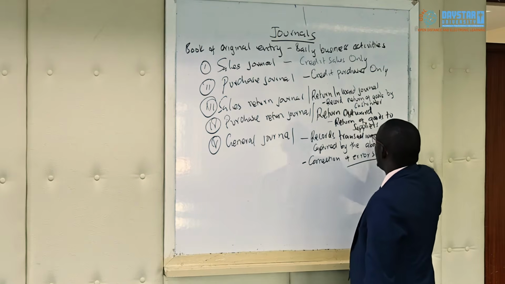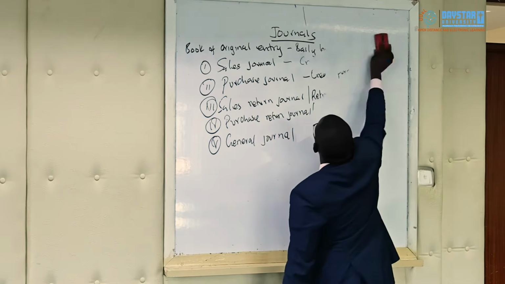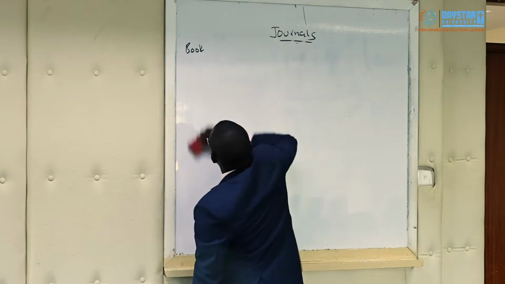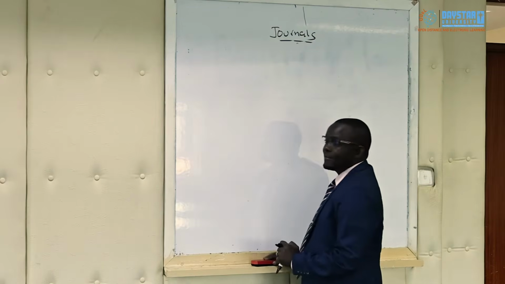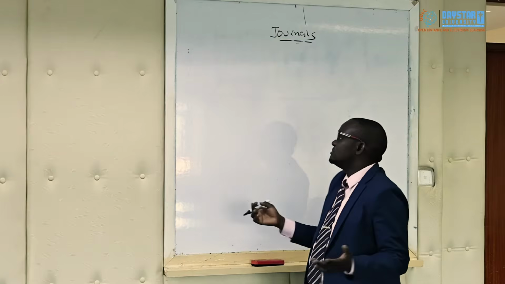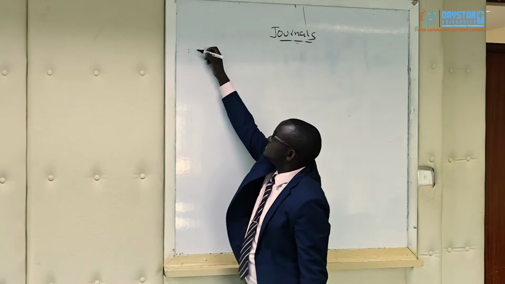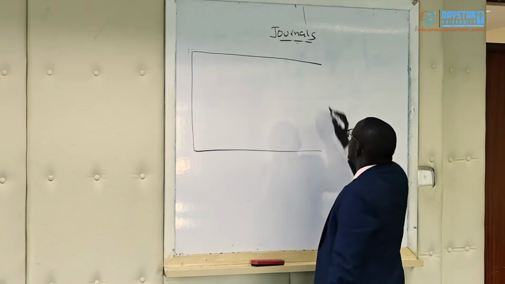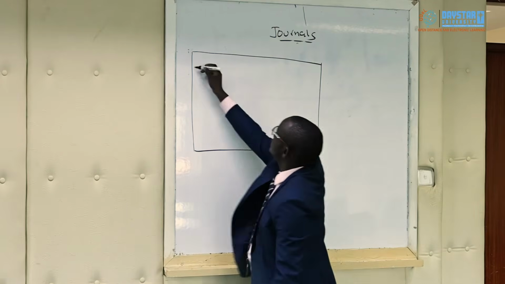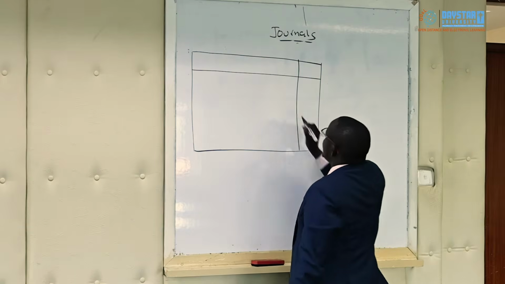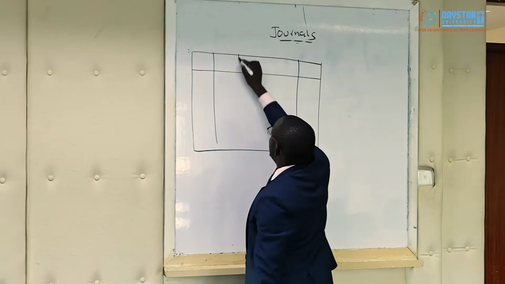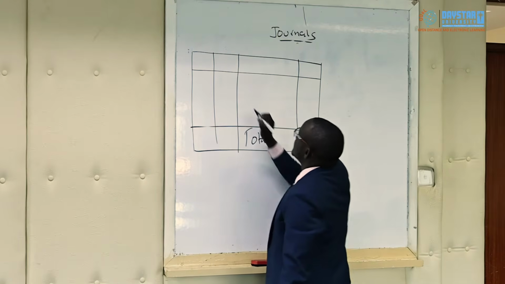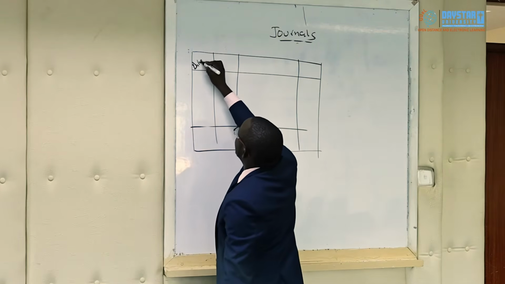So let's do the format. The format of any journal is simple. Unlike ledgers, journals are drawn in a box. Here we have date.